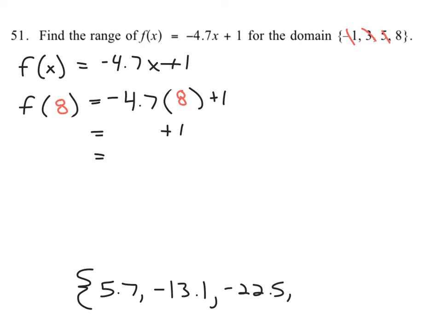And when we multiply, we get, let's see, negative 4.7 times 8 is negative 32, and negative 5.6, so negative 37.6. Negative 37.6. And I'm just going to verify that off to the side.